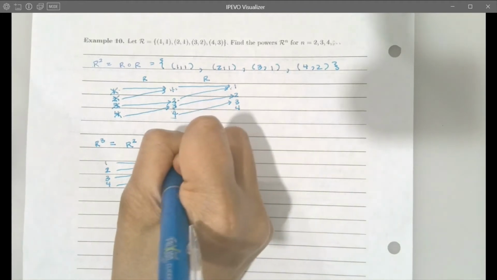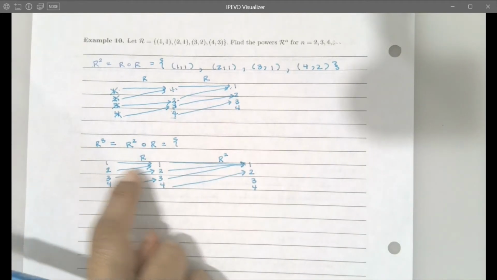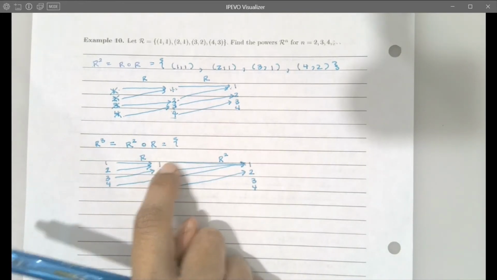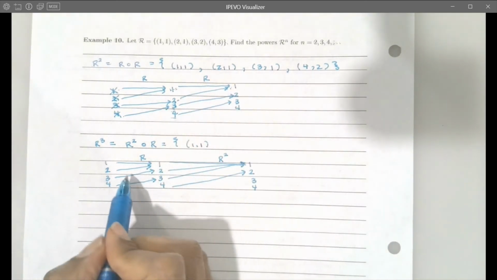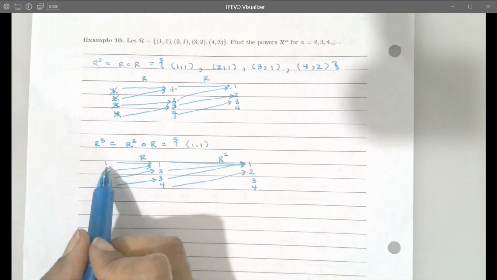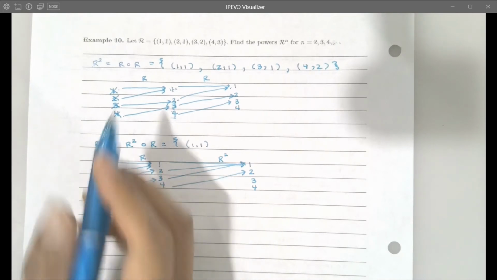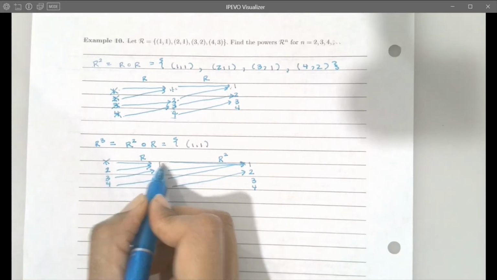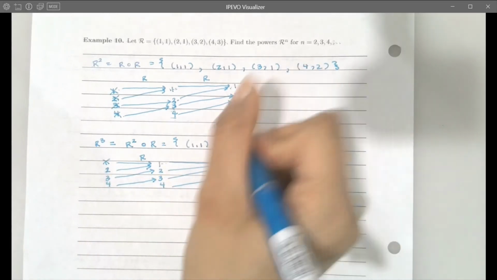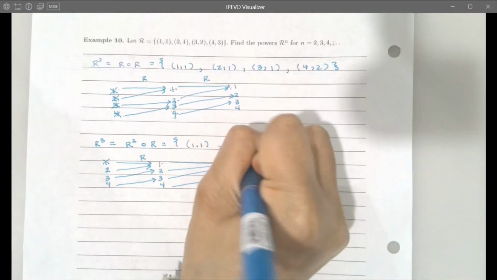Okay, so now we'll start with 1 maps to 1 and 1 maps to 1. So that'll be the element 1, 1. Then 1 doesn't have any more outputs either here or here, so we're done with that element. We'll move on to 2. 2 maps to 1 and 1 maps to 1, so we'll end up with 2, 1.